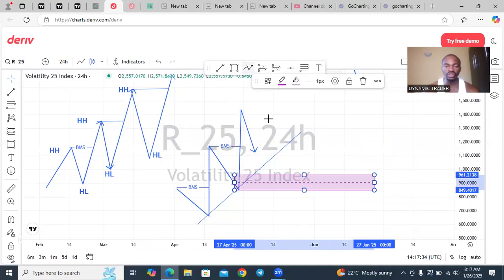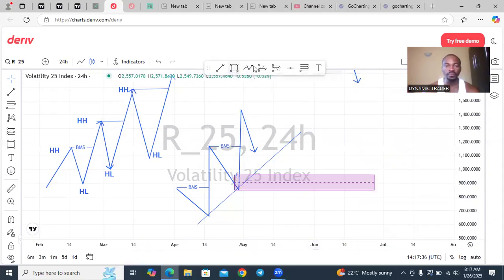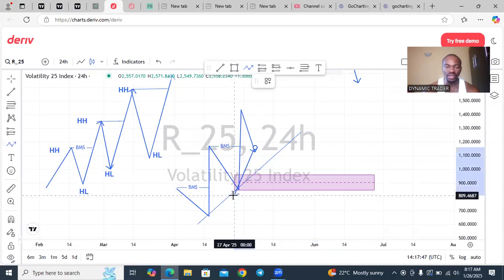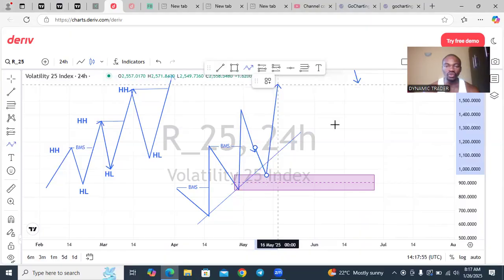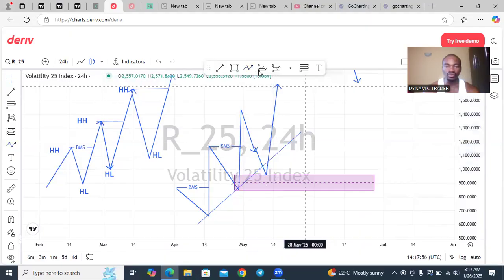So now, the third touch of this trend line is that you're anticipating that the market should come to this demand zone, tallying with this other block. This trend line acting as a confluence, then this is going to hold price off. So this is how you're supposed to trade using trend line.